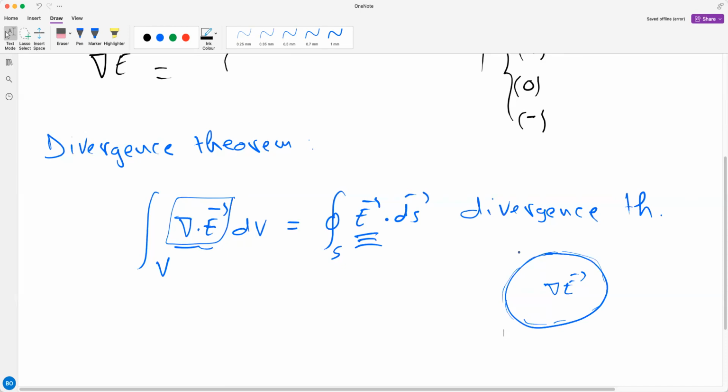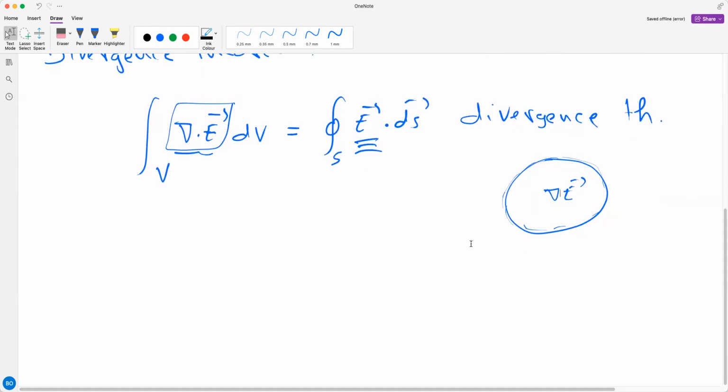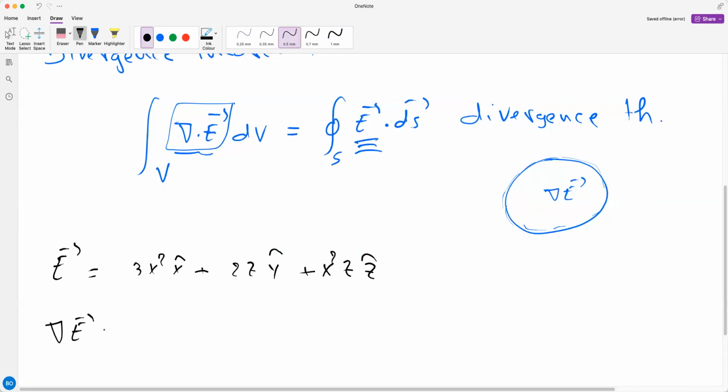So an example of the difference between the divergence of an electric field and the gradient of a scalar. For example, if I have an electric field that has 3x squared x plus 2zy plus x squared z, and I want to calculate the divergence of E. The divergence of E is equal to the derivative with respect to x, plus the derivative with respect to y, plus the derivative with respect to z.